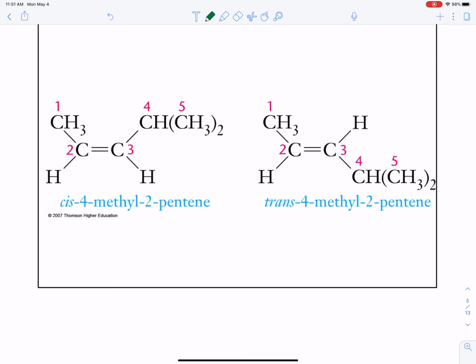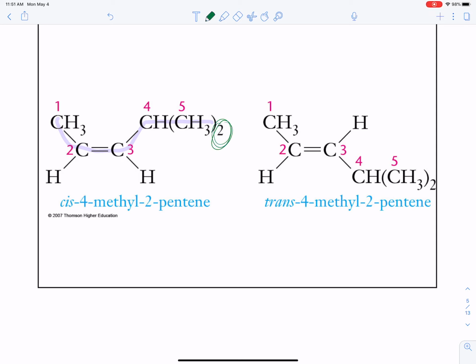So now then, we have a different rule. Yes, you got to look for the longest continuous carbon chain, which is right there. Yes, you have to look for the substituent here.